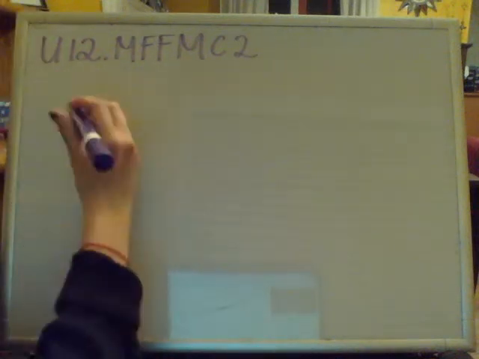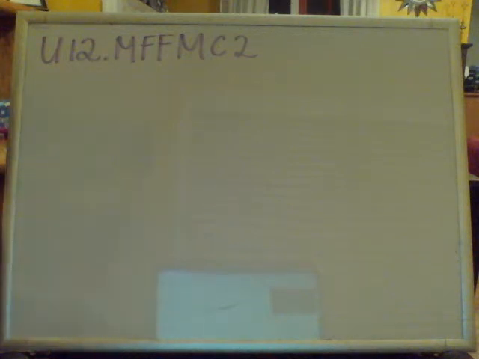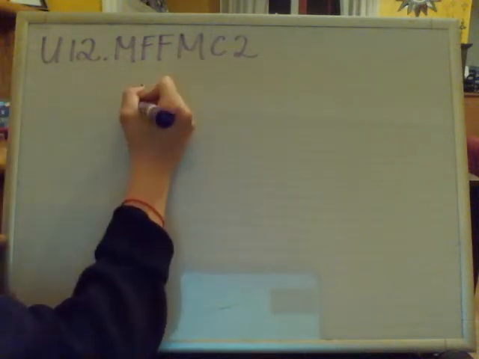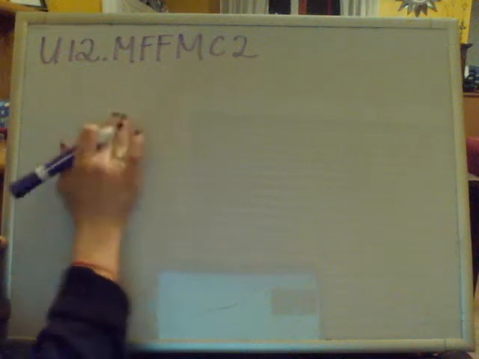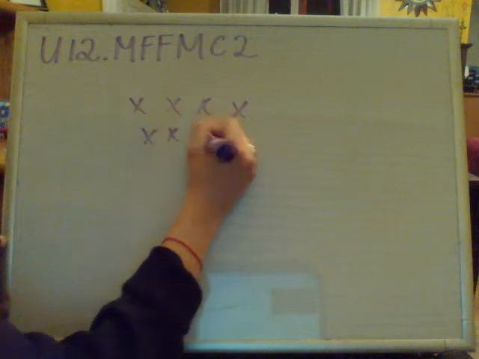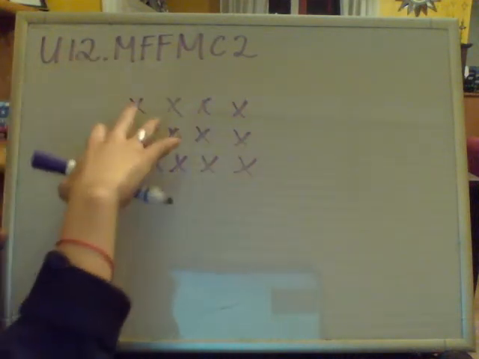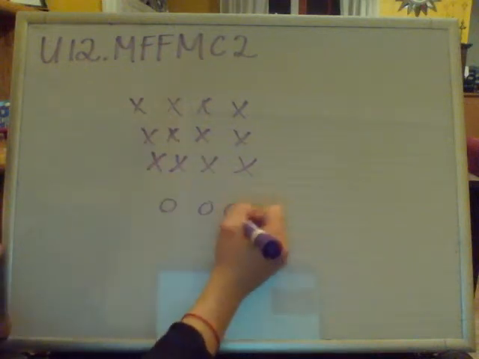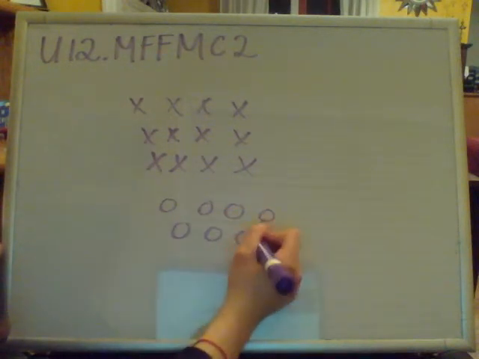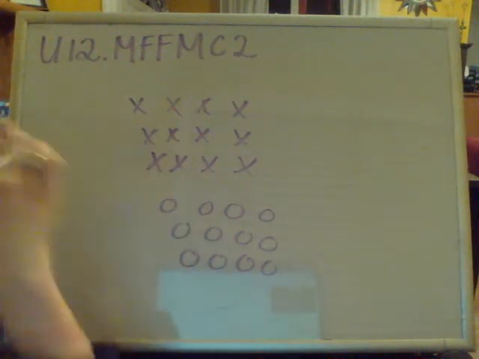Okay, so today we're going to be talking about the magnetic force on a proton or an electron traveling through a magnetic field. When you have a magnetic field, it's either going to be an X, which means it's going into the board, or a dot, which means it's coming out at you.